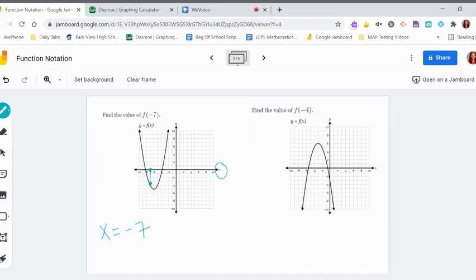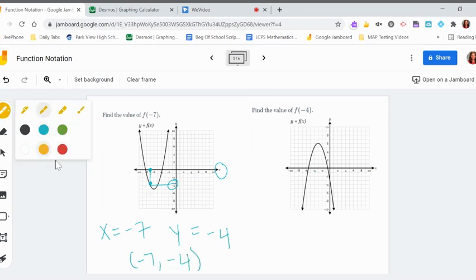So that's right here at negative 4 on the y-axis. Okay? Because the point negative 7, negative 4 exists. So your answer is right here, negative 4. When x is negative 7, y is negative 4. So that's your answer.